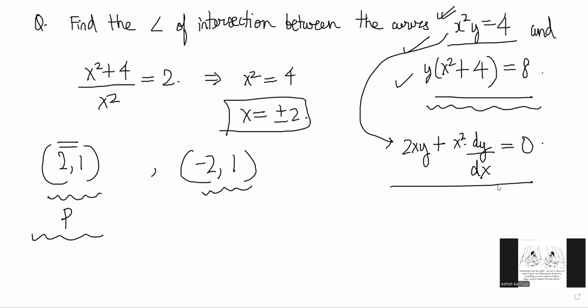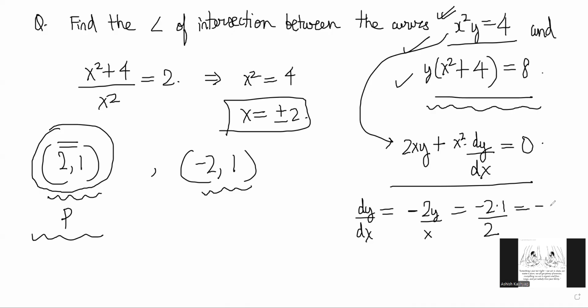Do you understand what I'm doing here? Yes. By product rule, we are differentiating. We get dy by dx is equal to minus 2y by x. But we have to evaluate the slope at this point. So it will be minus 2 times 1 by 2. So minus 1 is the slope of the tangent to the first curve at this point.